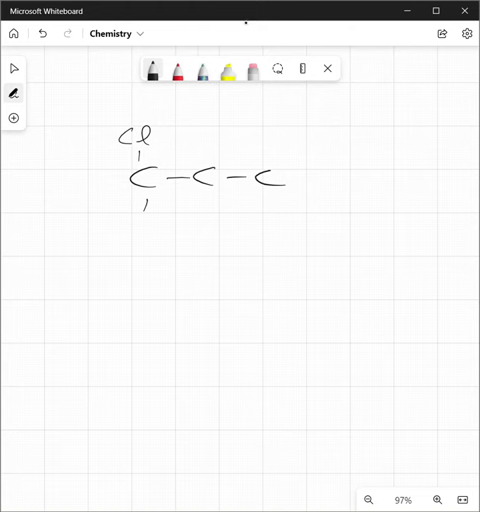Let me change colors here. 1, 2, 3. So I have 1 chloro, for this chloro right here. And you already said that is propane.